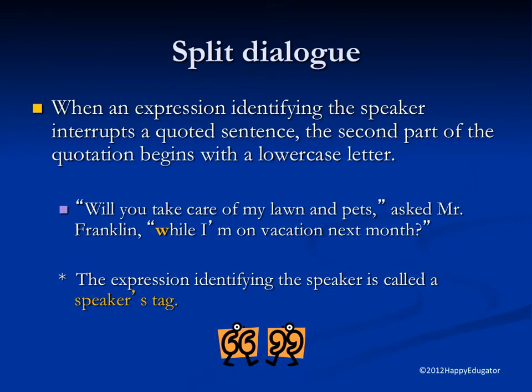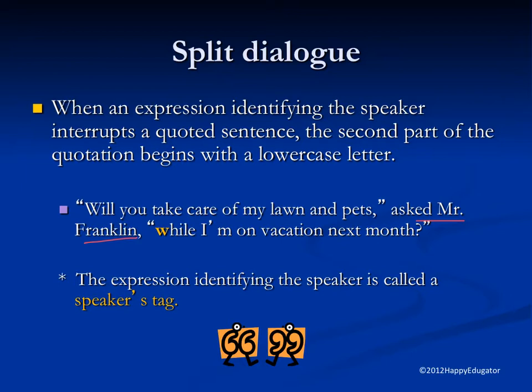Sometimes we split the dialogue and we put the tag in the middle of the conversation. So when an expression identifying the speaker interrupts a quoted sentence, the second part of the quotation begins with a lowercase letter. We're putting those two together. So for example, I know that in this sentence, Mr. Franklin is the one who's talking. What he says is, "Will you take care of my lawn and pets," he asked, "while I'm on vacation next month?"